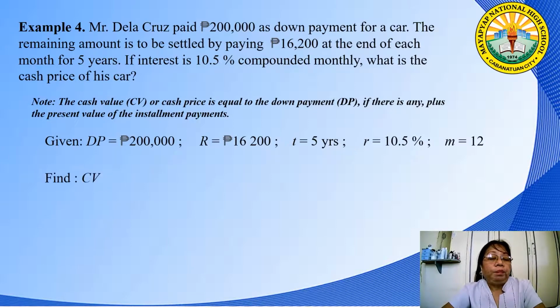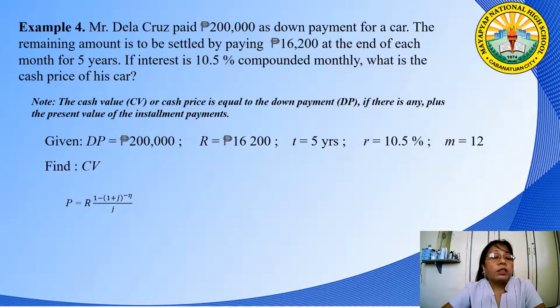So using the formula for P to get the present value, you replace the givens in the formula, where R is 16,200 multiplied by (1 minus (1 plus 0.00875) raised to negative 60) over 0.00875.